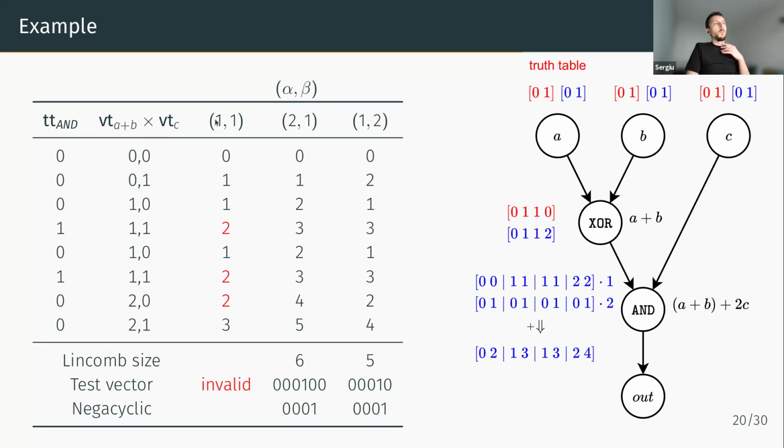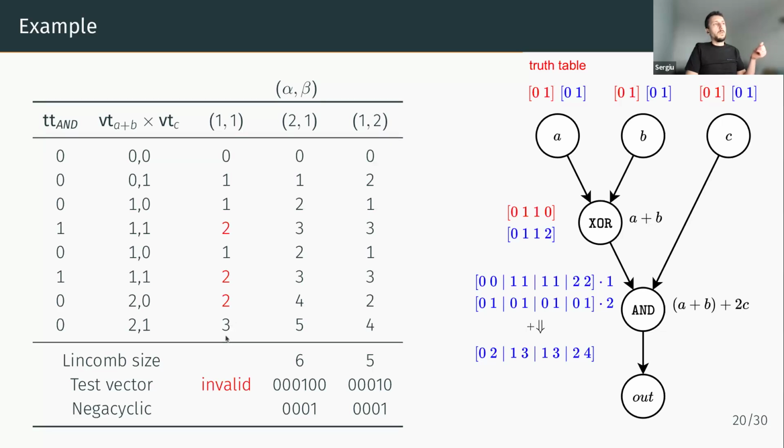For example, we take three possibilities for linear combination coefficients alpha, beta. If you take, for example, 1, 1, we can apply this linear combination to the Cartesian product and we obtain these values: 0, 1, 1, 2, 1, 2, 2, 2, 3.